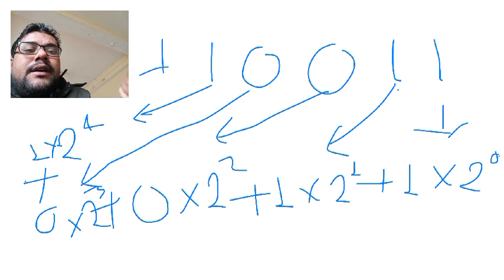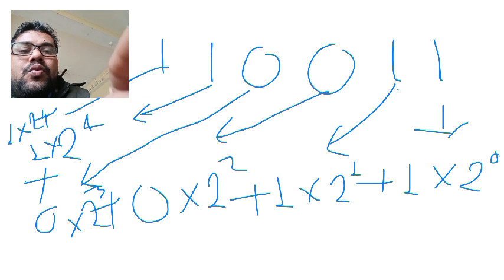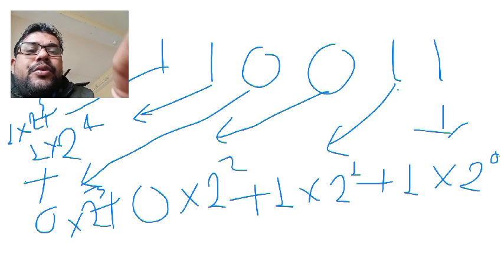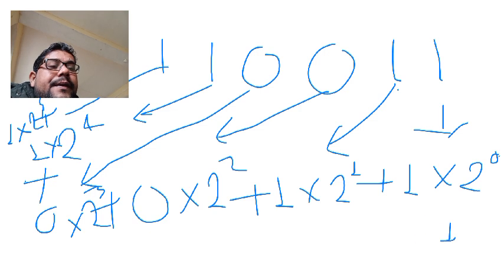Then, for the last digit, plus 1 into 2 to the power 5. Now 2 to the power 0 is 1, and 1 times 1 is 1. Then 2 to the power 1 is 2, so 2 times 1 is 2.